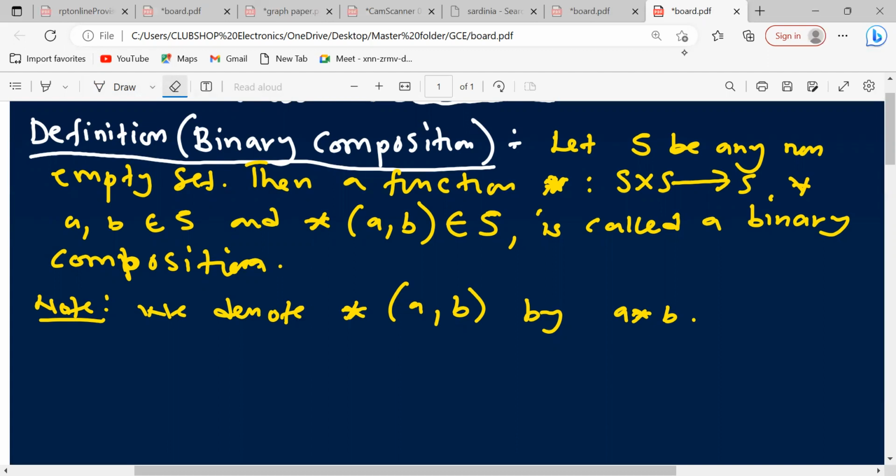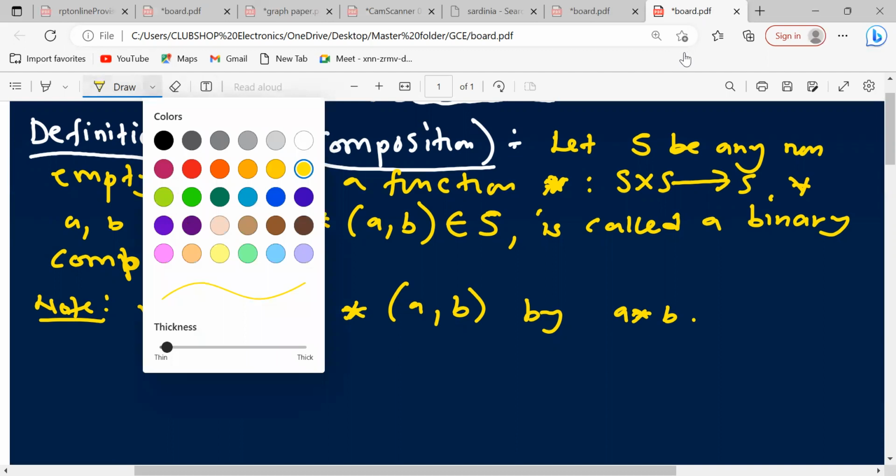Now, what does it mean? Maybe this definition may not really carry weight. What does it mean?